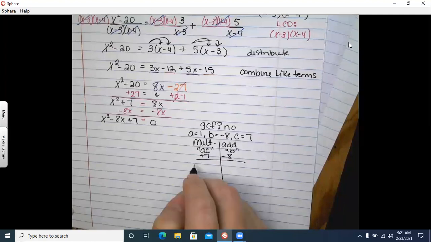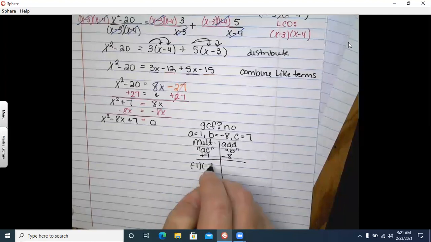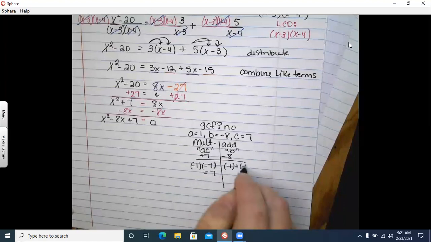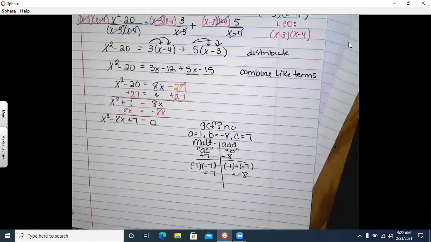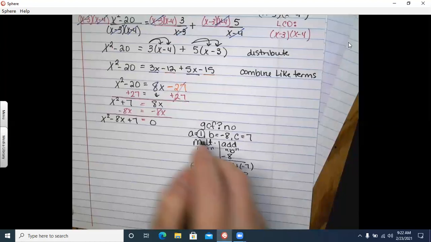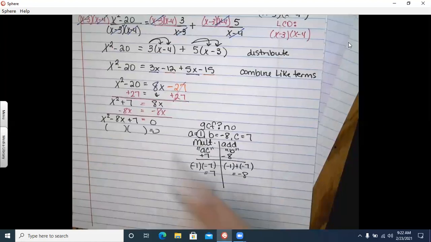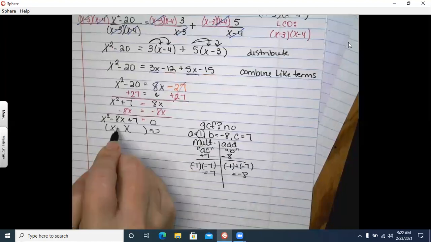Negative 1 times negative 7 is positive 7. Negative 1 plus negative 7 is negative 8. That works, right? Are we going to need to divide and slide? No. So my factors, we're going to have an x minus 1 and an x minus 7.